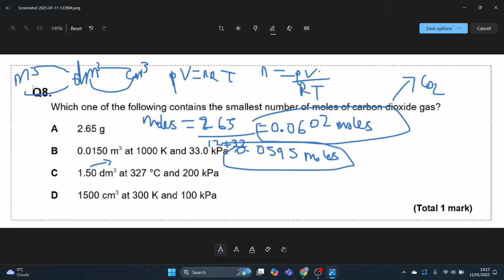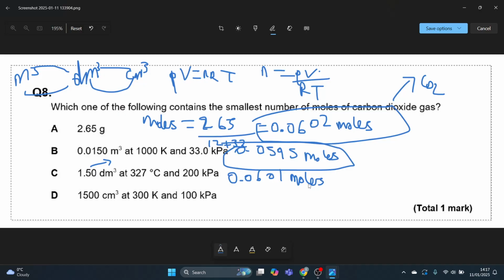So I need dm cubed in meters cubed, so it's going to be 1.50 times by 10 to the power minus 3 times by 200,000 divided by 8.31 times by 327 plus 273, because we want it in Kelvin. We get 0.0601 moles.